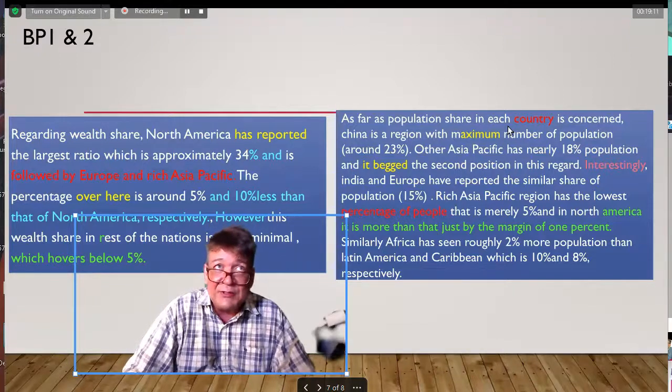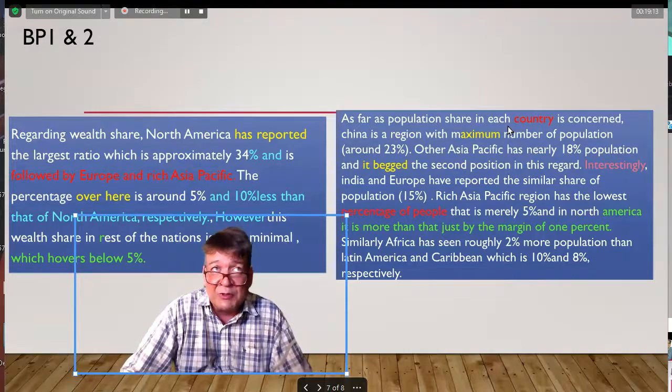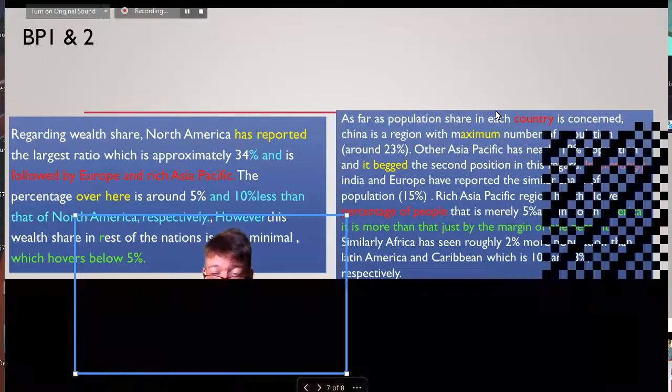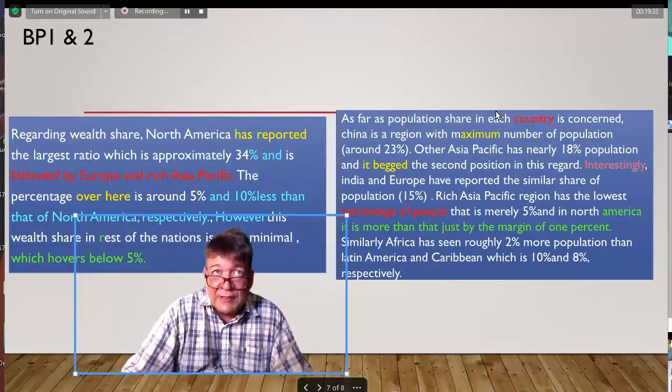And why is it interesting that India and Europe have reported a similar share of population? Rich Asia-Pacific region has the lowest percentage of people. That is merely 5%. And in North America, it is more than just by the margin of 1%. What? Huh? Similarly, Africa has... Now, I think at this point you just got tired because all punctuation disappears.